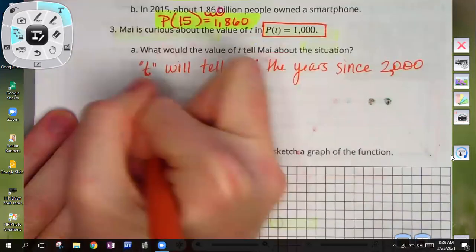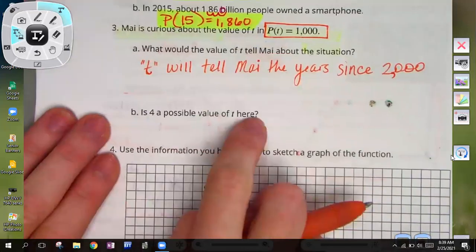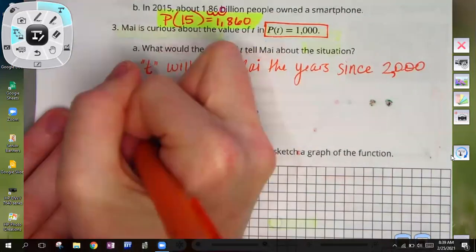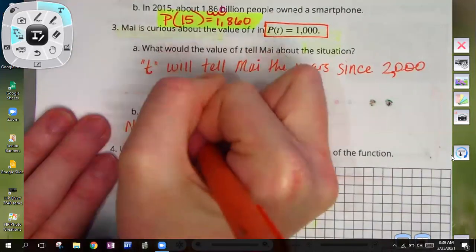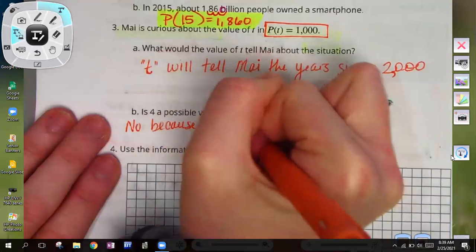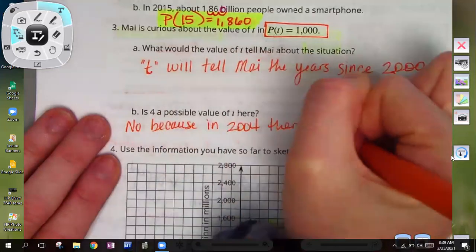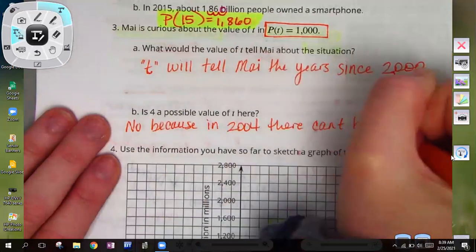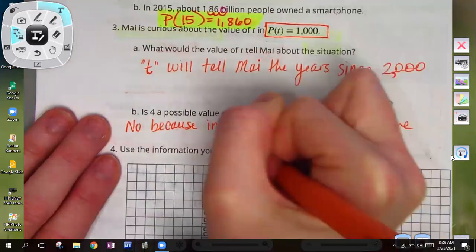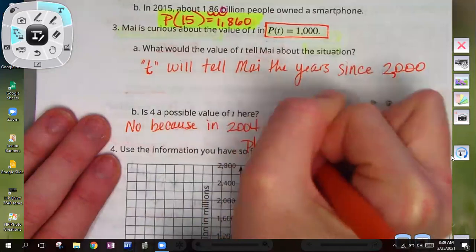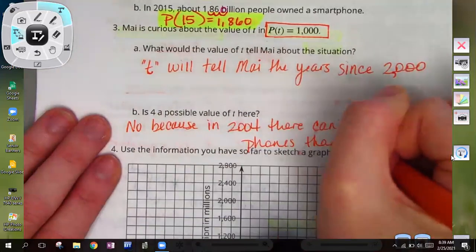So is 4 a possible value here? No, because in 2004, there can't be more phones than in 2010.